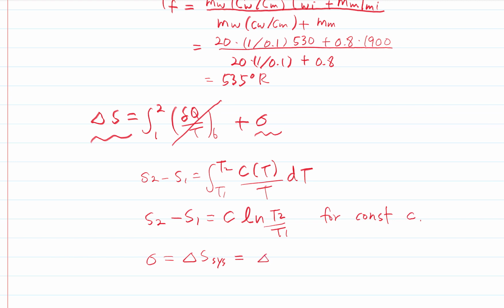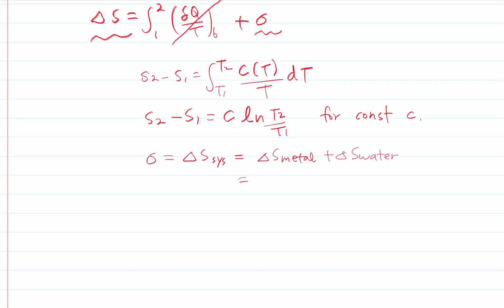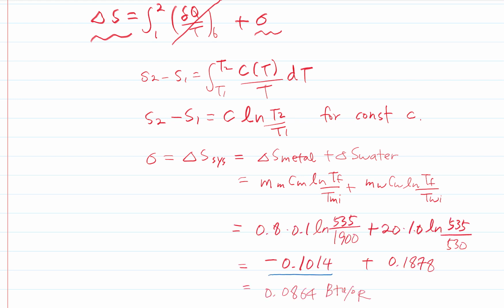And the system includes the metal bar and water. And the entropy change is expressed as specific heat times natural log T2 over T1. So we plug in values. So this is the entropy change of metal, and this is the entropy change of water.